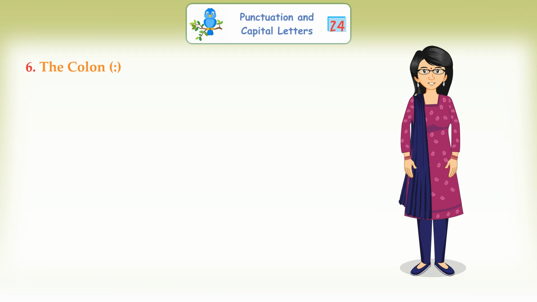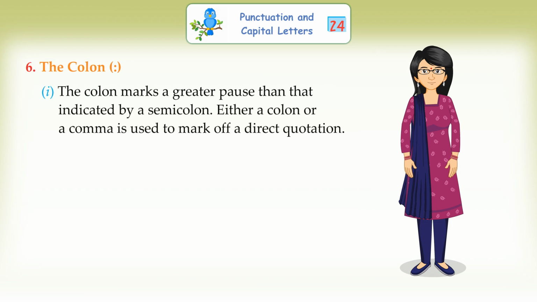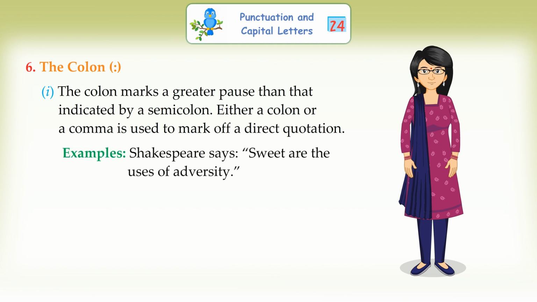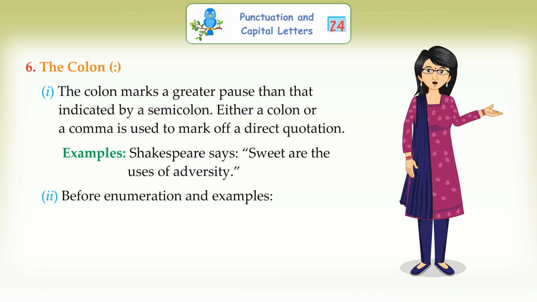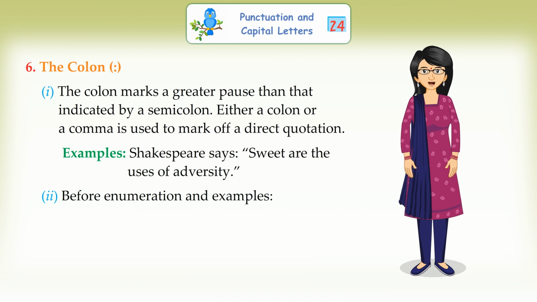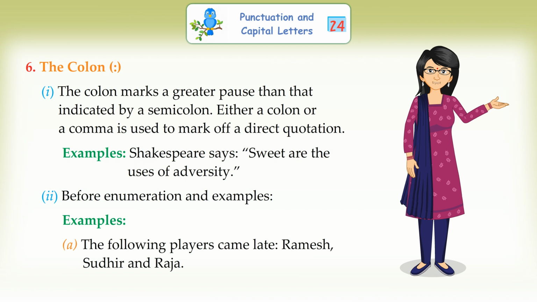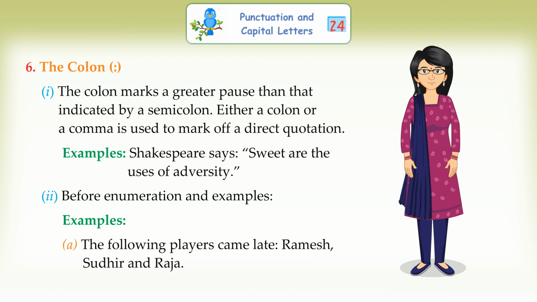The colon. The colon marks a greater pause than that indicated by a semicolon. Either a colon or a comma is used to mark off a direct quotation. Example: Shakespeare says, "Sweet are the uses of adversity." Before enumeration and examples. Examples: The following players came late: Ramesh, Sudhir, and Raja.